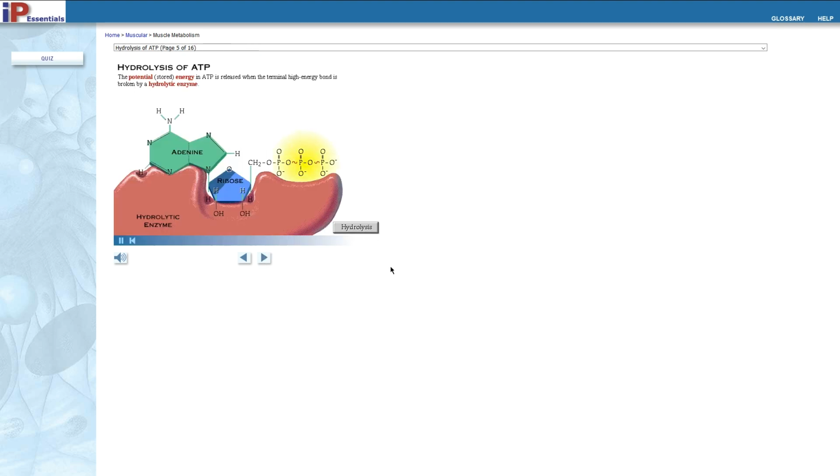The potential or stored energy in ATP is released when the terminal high-energy bond is broken by a hydrolytic enzyme. The end products of the hydrolysis of ATP are ADP, adenosine diphosphate, inorganic phosphate, and energy. Click the button to see hydrolysis.